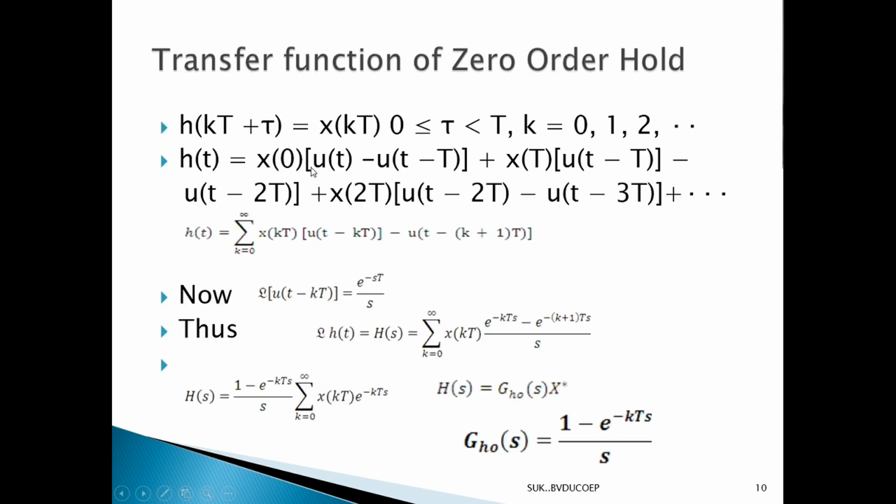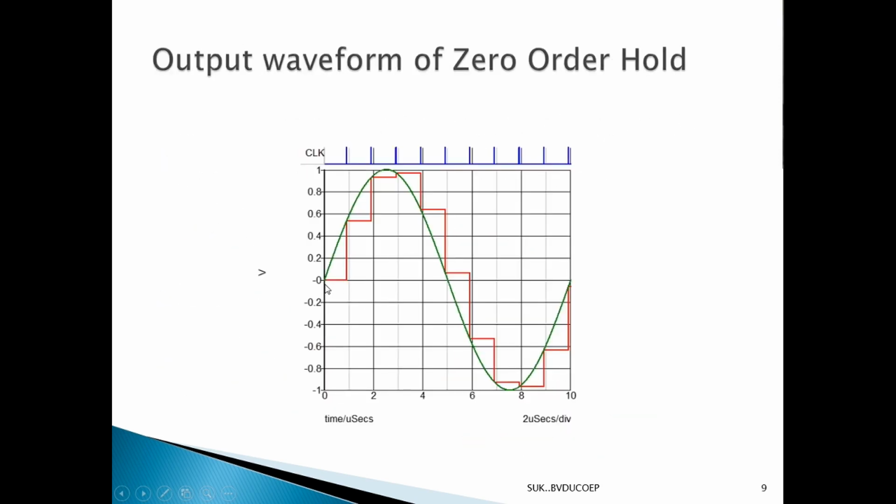Therefore it is written with u as a unit step function, u(t minus T). Is it clear? Here a sudden change is considered. So u(t) and u(t minus T), before the sampling instant and after the sampling instant.